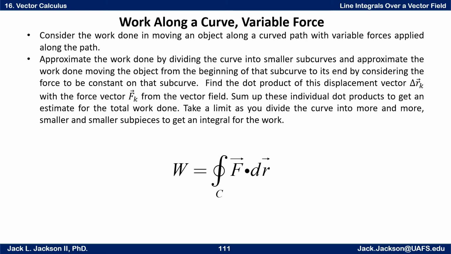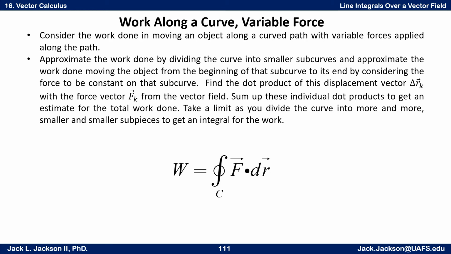We're going to do this for various points and add them up, and that gives us a Riemann sum, where it sums up these dot products to get an estimate of the total work done. And then, of course, as always, we'll take a limit as you divide the curve into smaller and smaller subpieces to get an integral for the work.